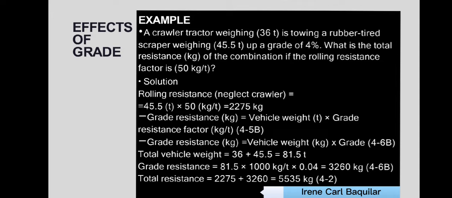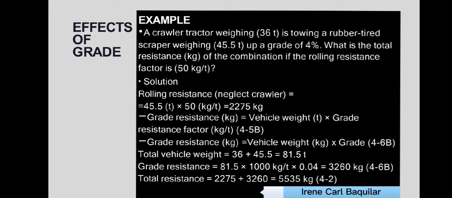Total vehicle weight is 36 plus 45.5, equivalent to 81.5 tons. So, grade resistance is equivalent to 81.5 times 1,000 kilograms of weight times 0.04. The 0.04 is the 4% from earlier. That is equivalent to 3,260 kilograms.